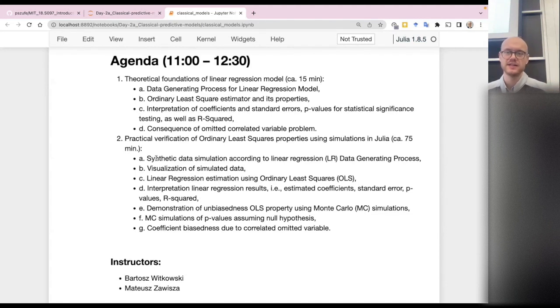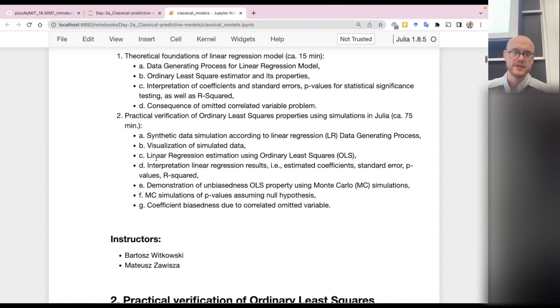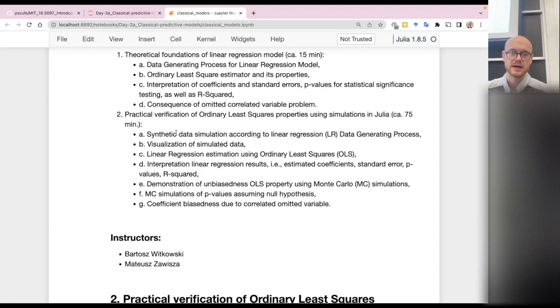Having a simulated process, you can have multiple data sets, so you can estimate your regression on all of those replications and come to some conclusions. I will discuss exactly in a sec what this data is.